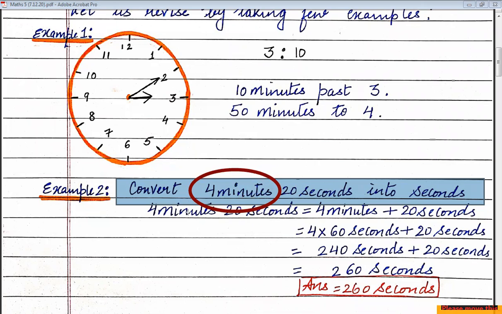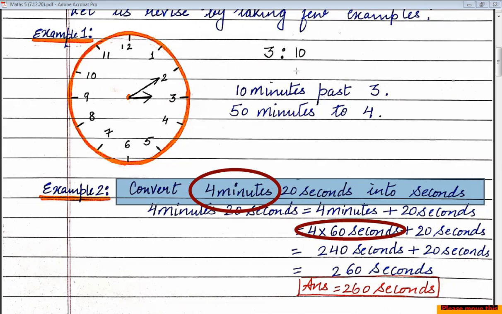How many seconds? In 1 minute, there are 60 seconds. Okay, children? So in 4 minutes, how many seconds are there? 4 into 60. So you have to multiply your 4 with 60. So 4 into 60 will become 240.